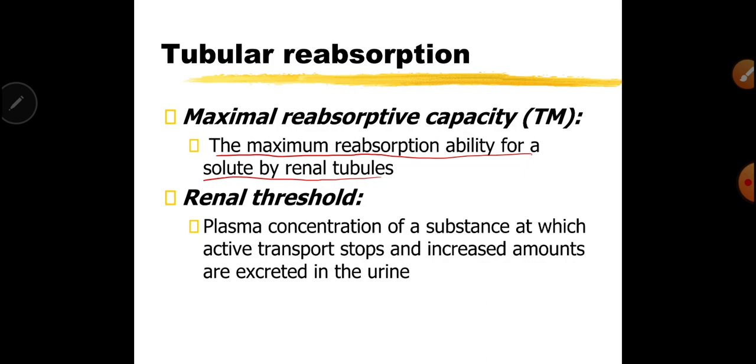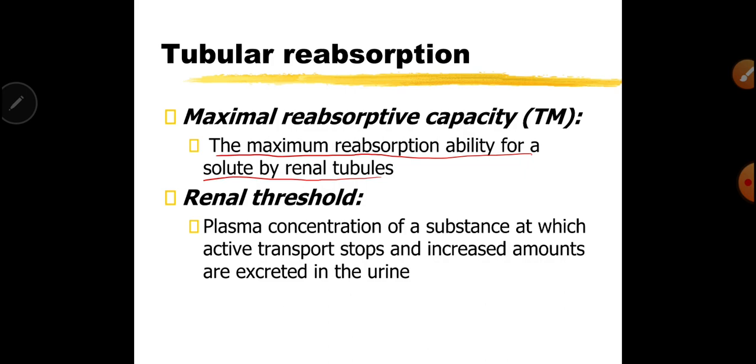Let us have an example, and this is the most common example in medical analysis, the concentration of blood glucose. A patient with diabetes will have elevated glucose. The elevated glucose in the blood cannot be reabsorbed after the filtration at a specific concentration.